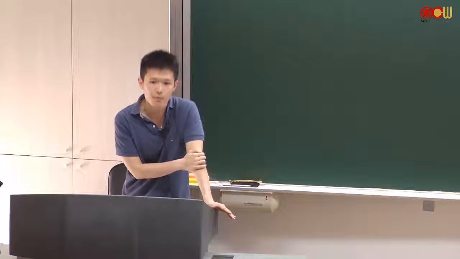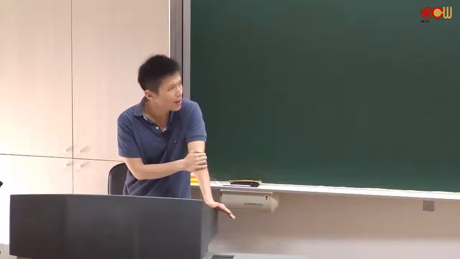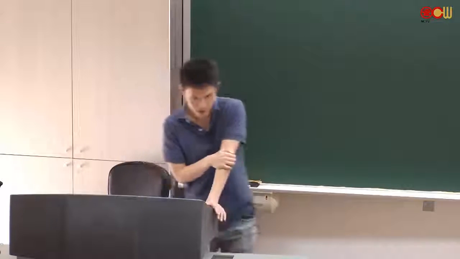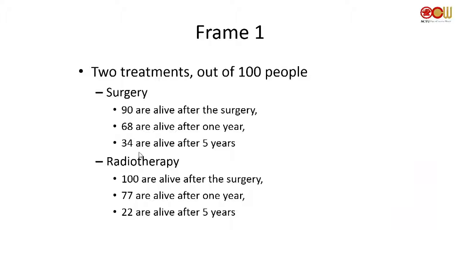Next, I want you to make a decision, and you have to write down your decision. So for even numbers, this is an unfortunate decision you have to make. This is a situation you are facing.